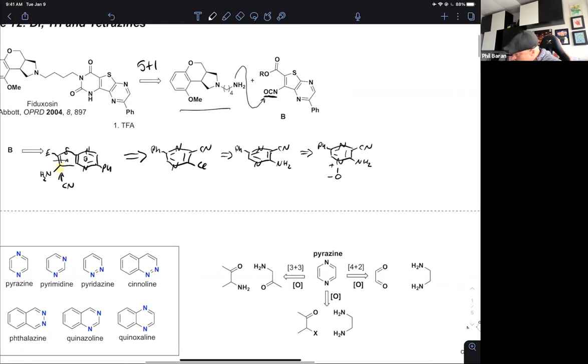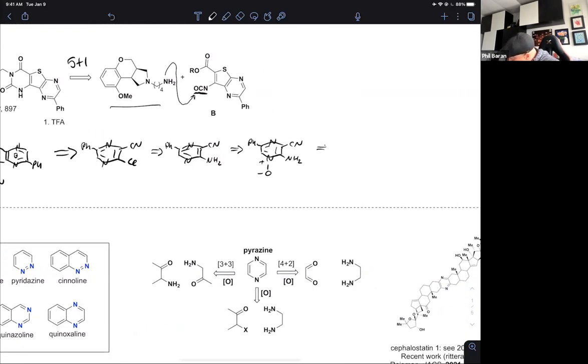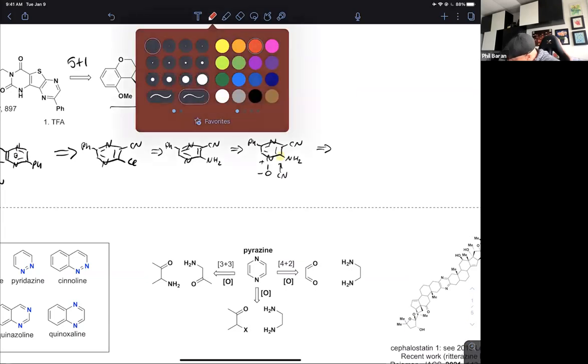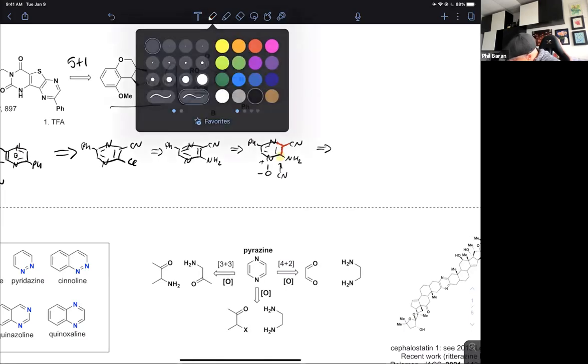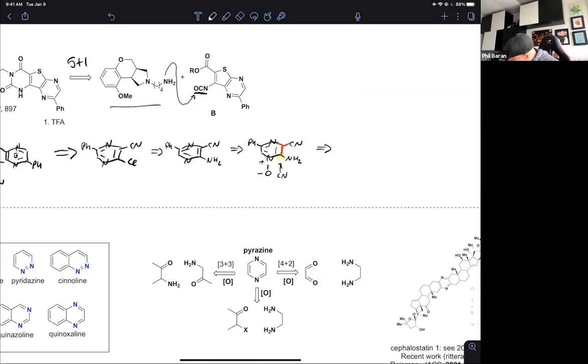Now, when we think about disconnecting this compound, we notice again, we've got this highlighted carbon, which we know is a nice signaling element for a cyano. And if we look carefully on the structure for enough time, you'll notice there's a malonyl amino dinitrile that is hiding in here. And so all one needs to do is take that compound and mix it with this.